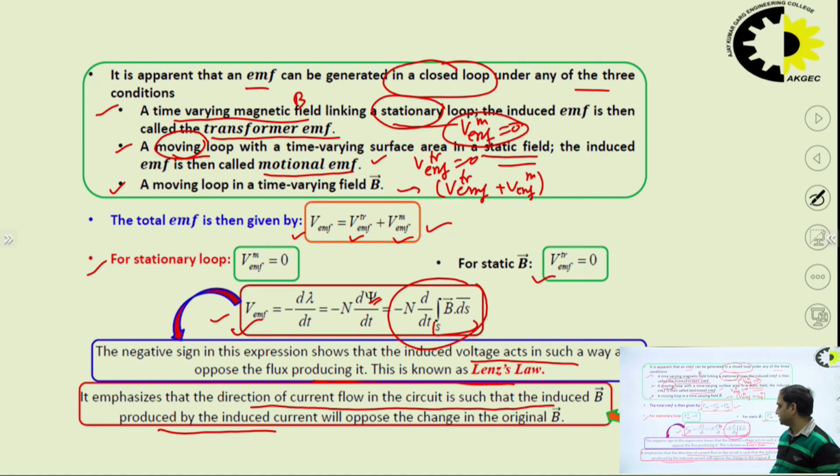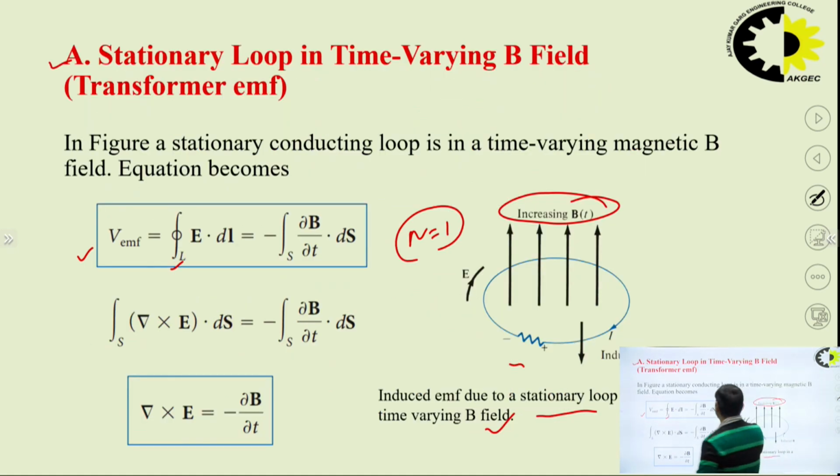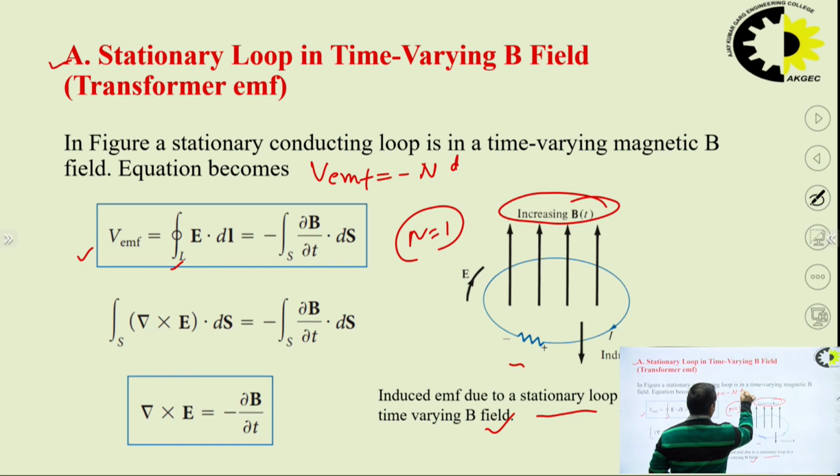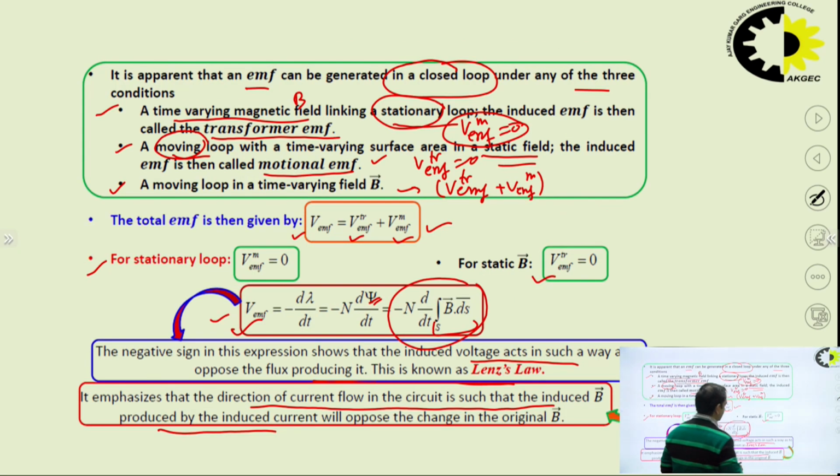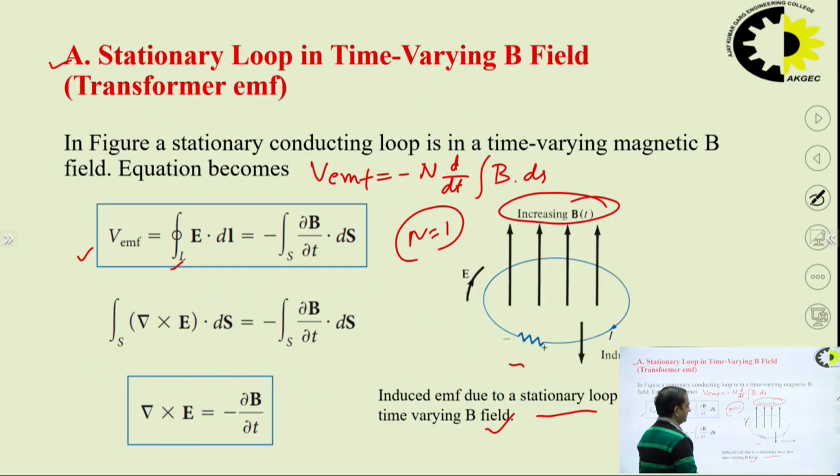So as we said, V EMF is equal to n times d upon dt of the integral of B dot ds. We have written it from this equation with the open surface.